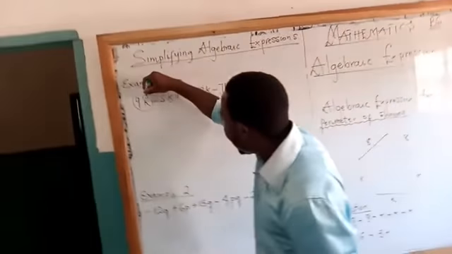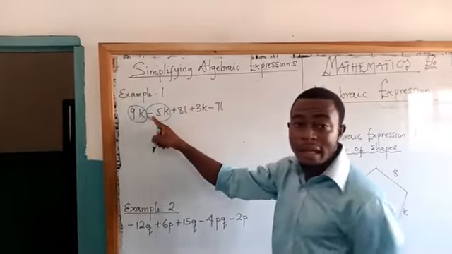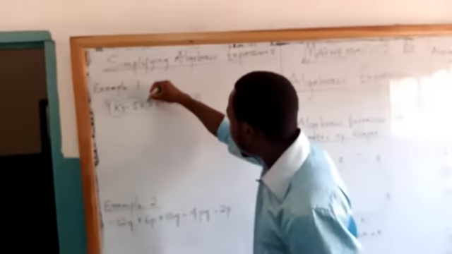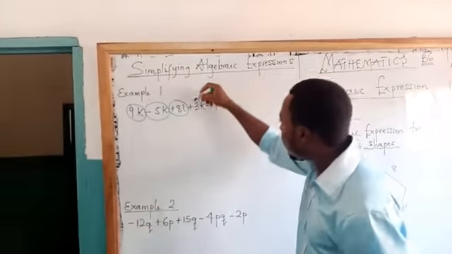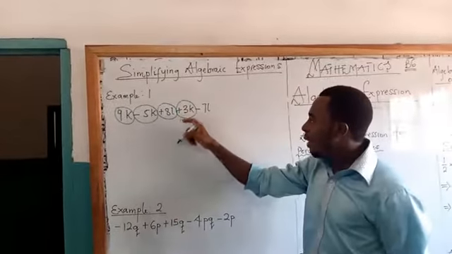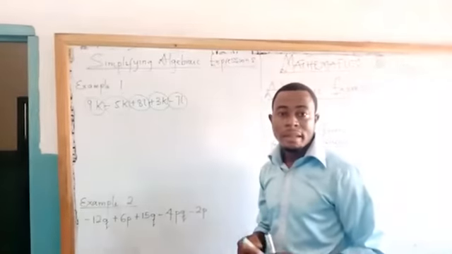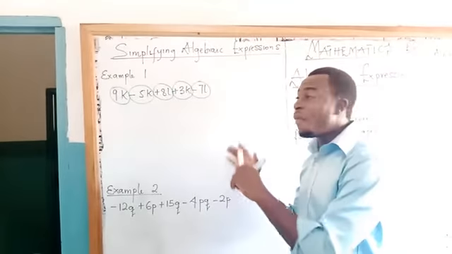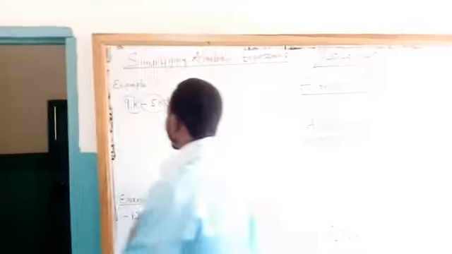So this is 9K, negative 5K, positive 8L, positive 3k and negative 7L. When we are moving them, move them together with their operations.